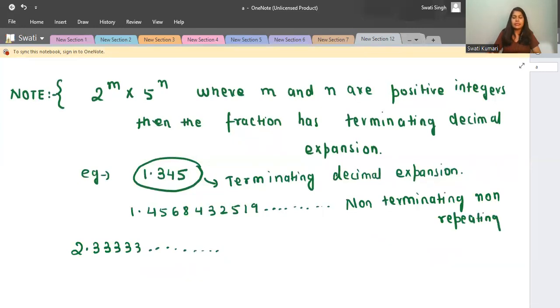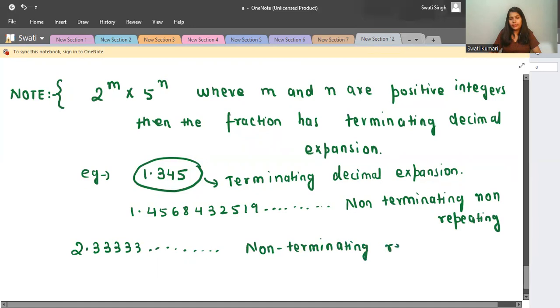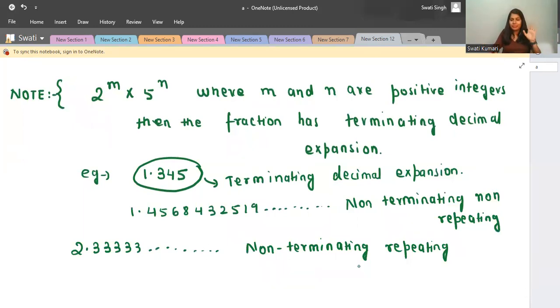But here you can see that the digit 3 is getting repeated, and it is not terminating either. So that is why it is non-terminating but repeating: non-terminating repeating decimal expansion. I hope you have understood the meaning of terminating, non-terminating, repeating, non-repeating, everything, right?